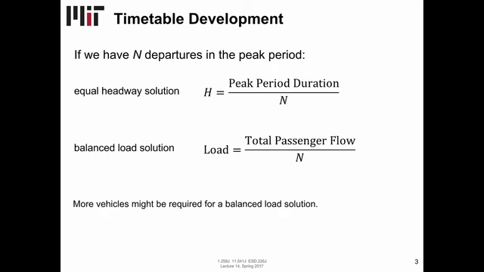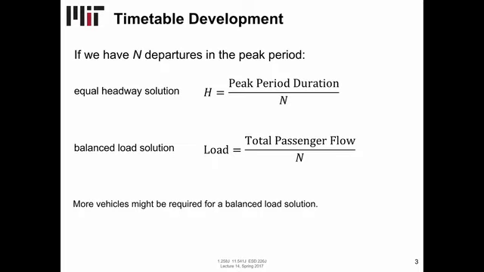So again, for the two approaches to headway distribution, equal headway distribution is basically as it can be imagined: each headway would be calculated as the peak period duration divided by the number of vehicles, or the frequency that we determined for the route at the time period.